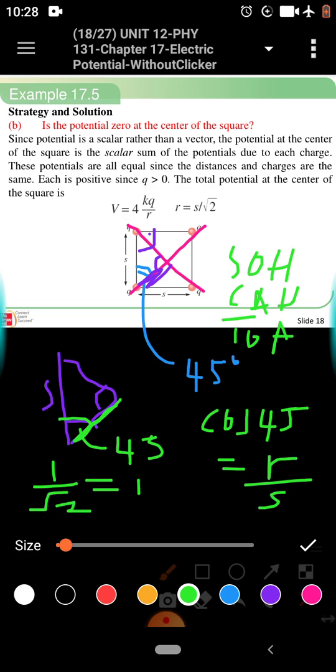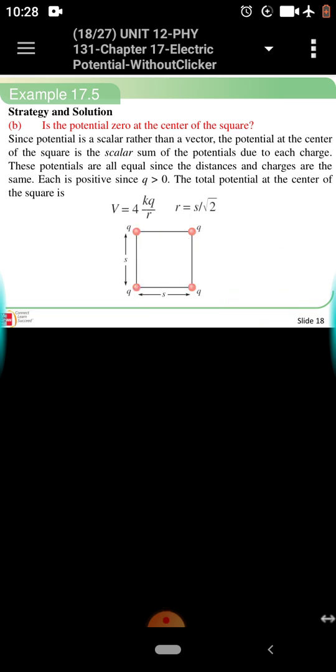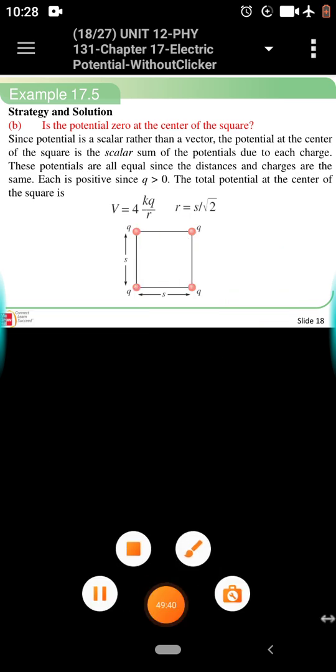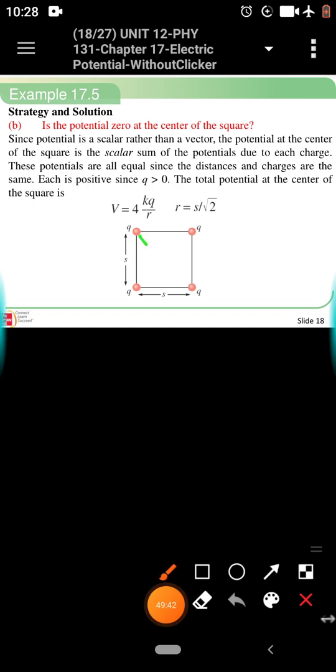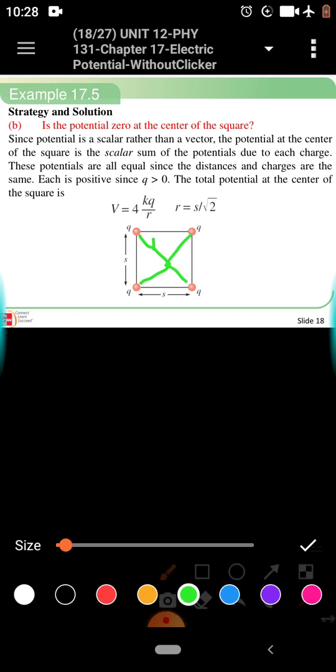So this is equal to r over s. When you make r the subject of the formula, you get this part. So now we have derived the r for all these parts. How many r's do we have?